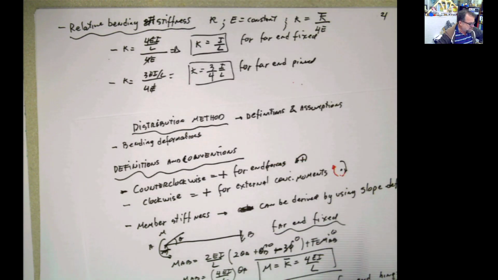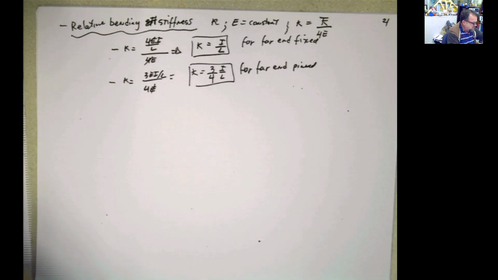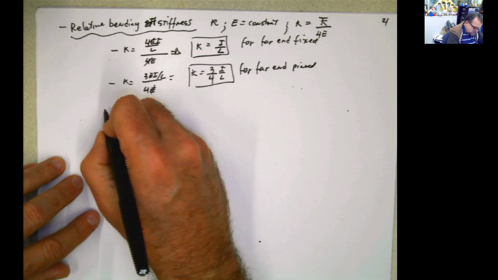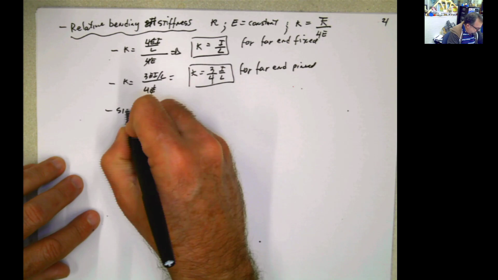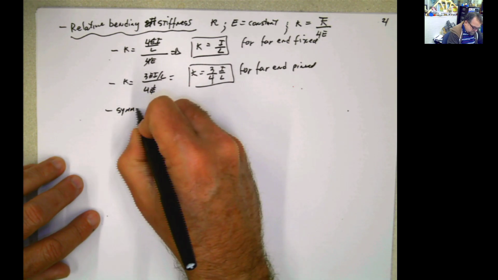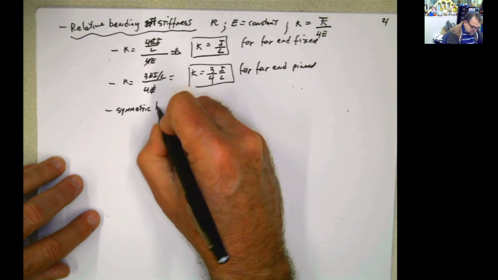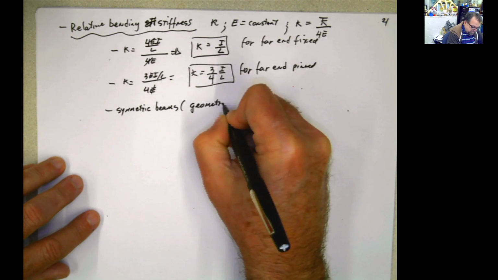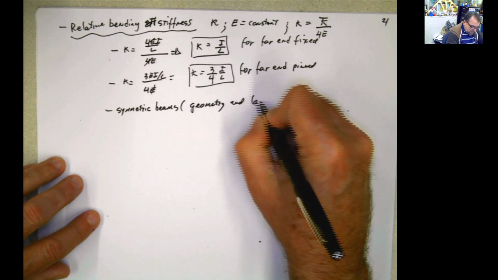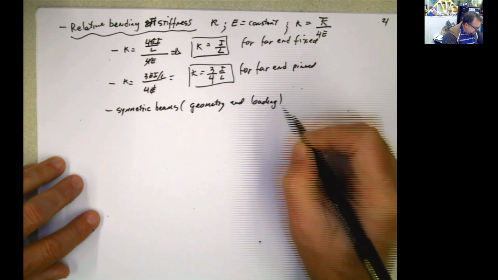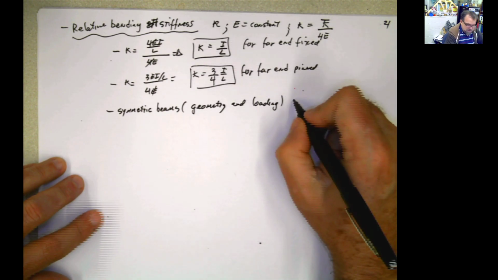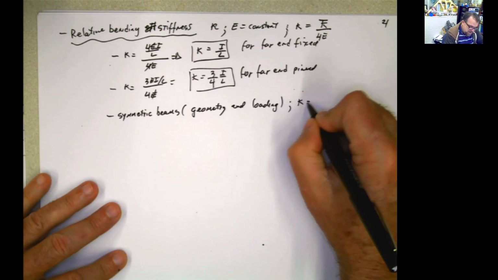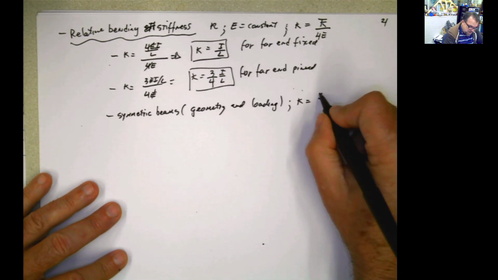There's another assumption here for the relative bending stiffness: if the beam is symmetric, for symmetric beams in geometry and loading, and I'm not going to do that derivation, but it's simple, right? If you just go half of the length, then K is going to be half of that value, I over 2L.